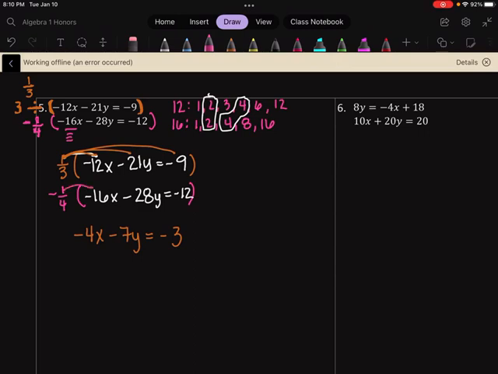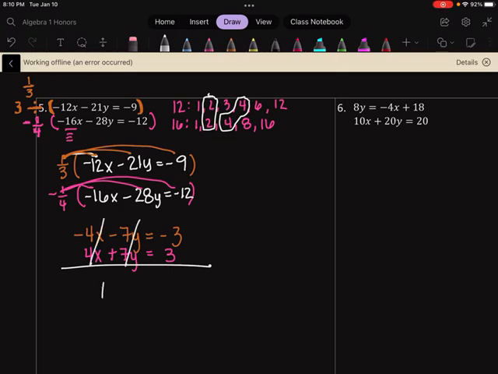I'm now going to divide this equation by negative 4. So if I divide that by negative 4, that is going to be positive 4x plus 7y is equal to positive 3. Oh boy, they all are opposites.